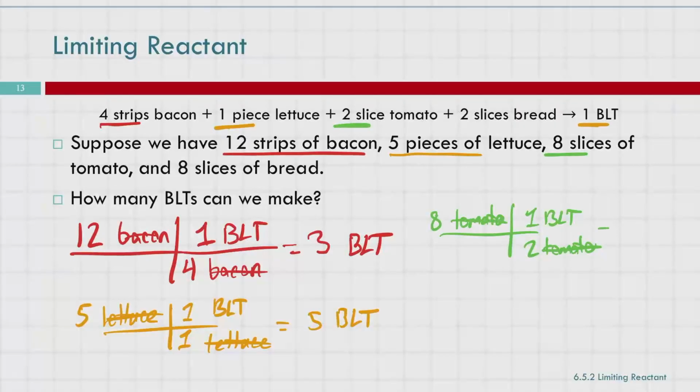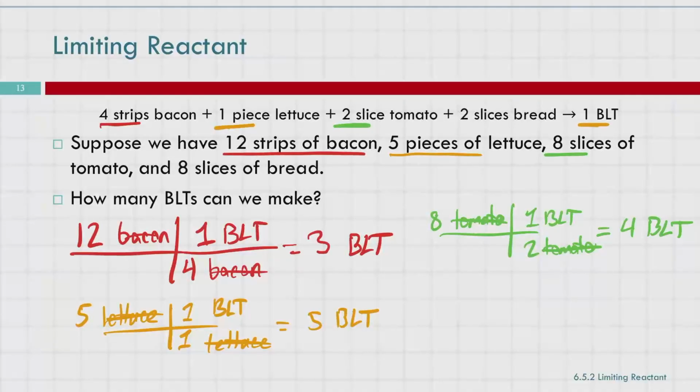I don't know why we would have pre-sliced tomato in our fridge, but maybe we did burgers last night. So I could make 4 BLTs. Again, though, I can't make 4 BLTs. I just have enough tomato to make 4 BLTs, but my bacon would still run out first. Still limited by my bacon.